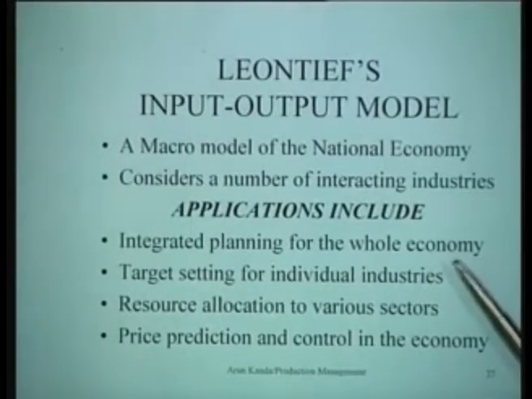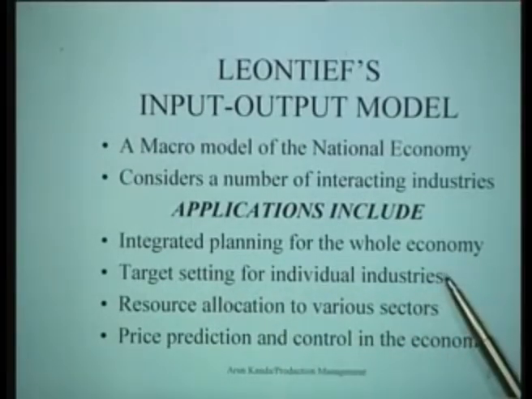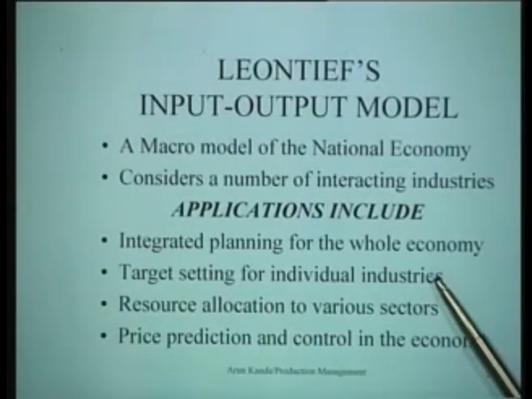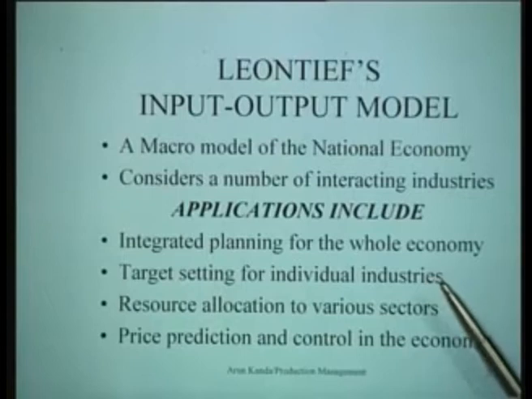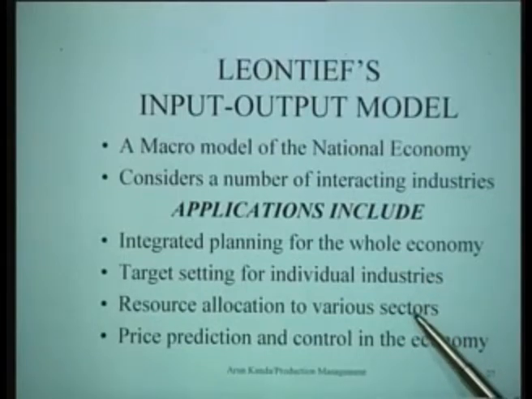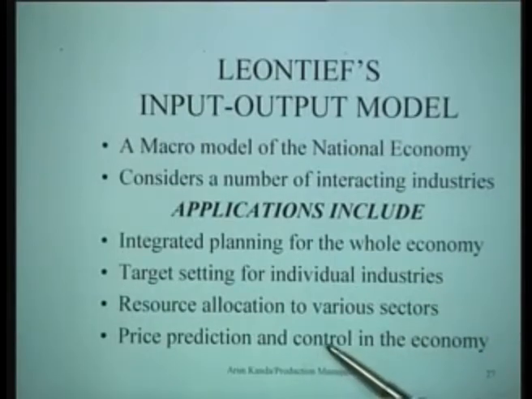You set the targets for individual industries. So, this also comes out. The targets would be that the agriculture sector should be given so much, and this is their target production for the next 5 years or whatever it is. Resource allocation to various sectors is also possible through this kind of a situation, and price prediction and control in the economy is also possible.